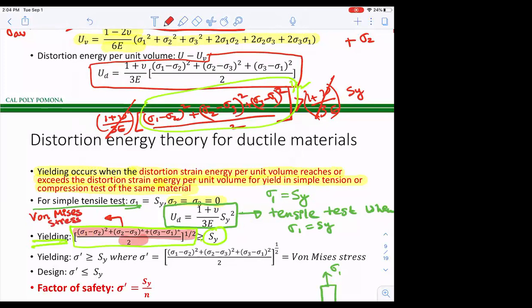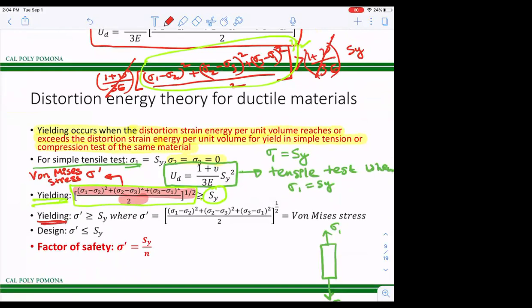And we say that if your von Mises stress exceeds your yield strength, then your structure will fail. We designate this entire quantity in this green box, which is highlighted in red, as sigma prime. So if sigma prime is greater than the yield strength, then your material, your structure will fail, where sigma prime you will calculate using this formula, and it is called von Mises stress.